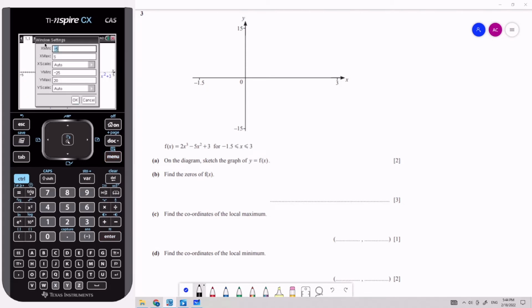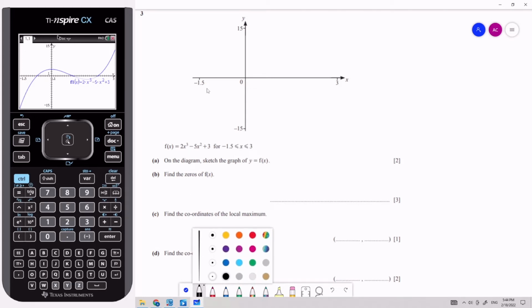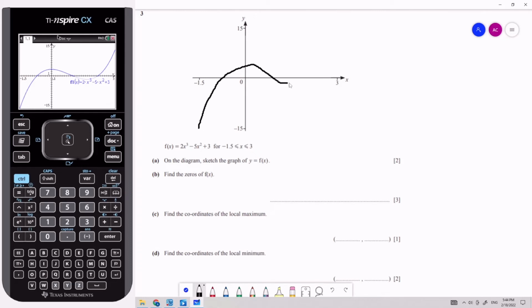So x min will be negative 1.5, x max will be 3, y min will be negative 15, and y max will be 15. Now that you have this, you can just sketch the graph, which is something like that.